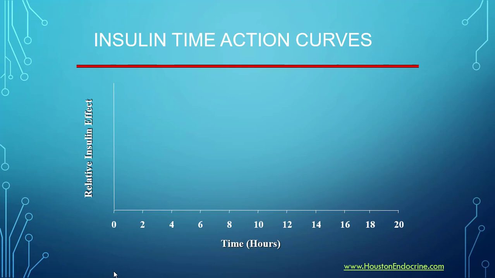And this is going to be a little bit different in everybody, but the basic concepts are there are very rapid-acting insulins such as Lispro, Aspart, Apidra, commonly known as Novolog, Humalog. These are insulins that are in and out of your system within 2 to 4 hours and have an onset of action somewhere between 5 to 30 minutes, depending on what type of insulin you're using and other factors that are specific to a person.